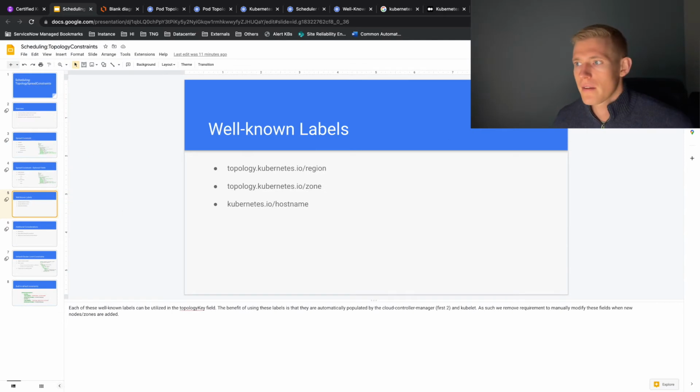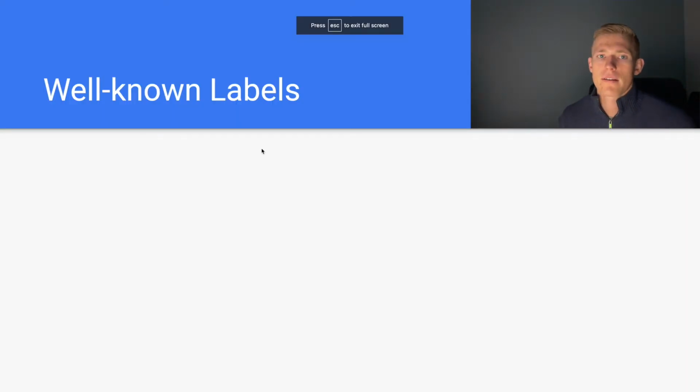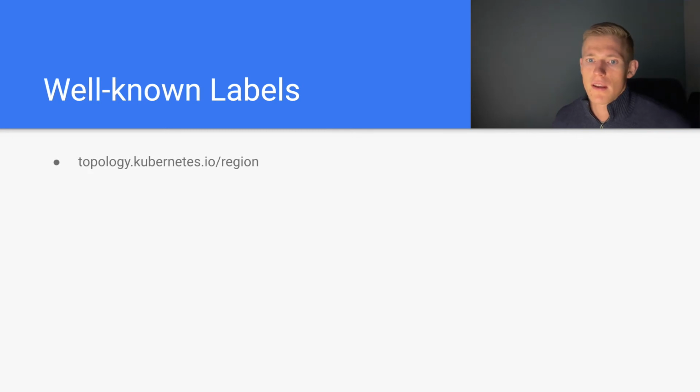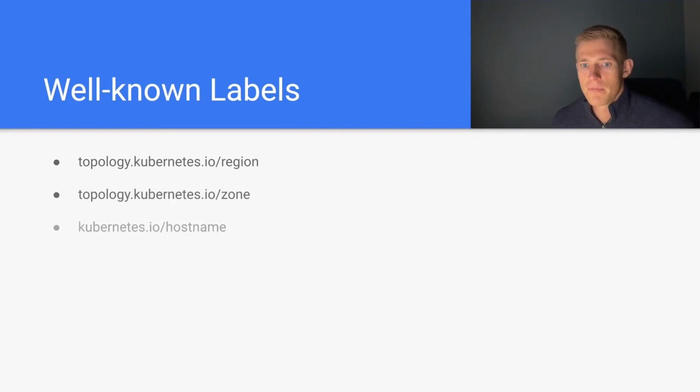But let's get back to the theory and look at some well-known labels. So what are these? These are labels that are understood and known by Kubernetes, defined by Kubernetes itself. They're not user-defined labels. First one is region, topology.kubernetes.io/region/zone, and finally kubernetes.io/hostname.